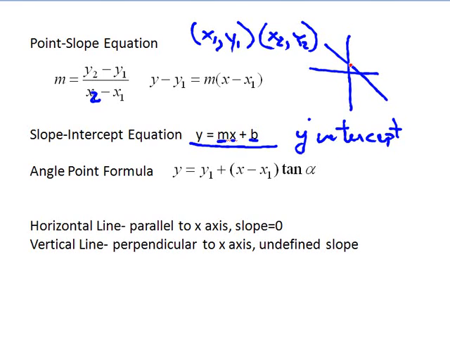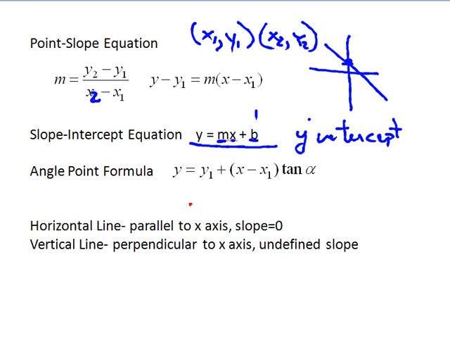So that in this graph would be this point right here, where the graph intercepts the y-axis. So if this were a 1, it would be right here at 1.